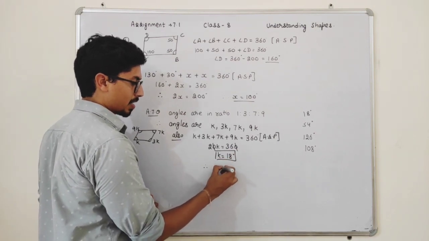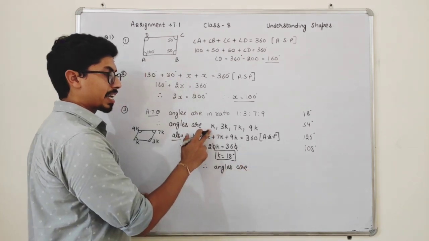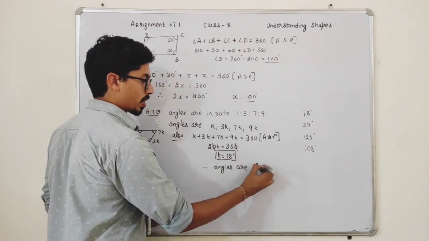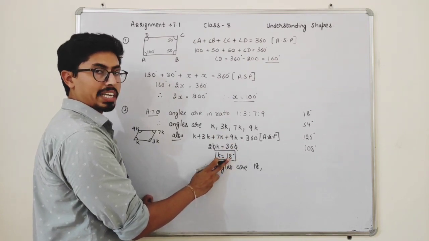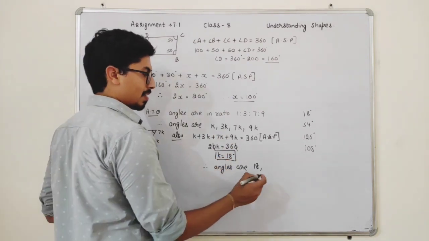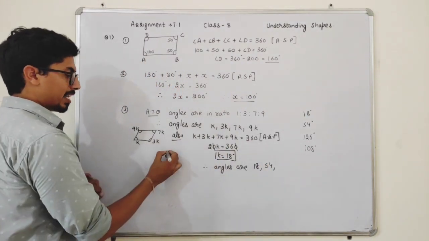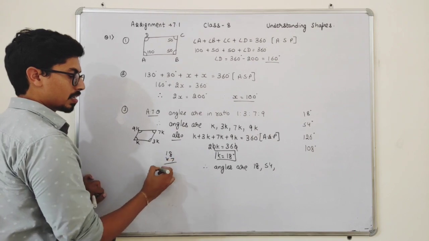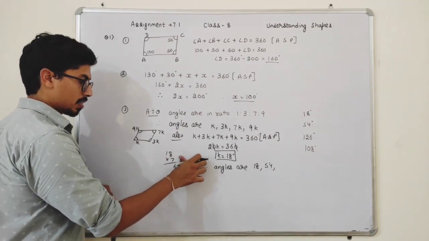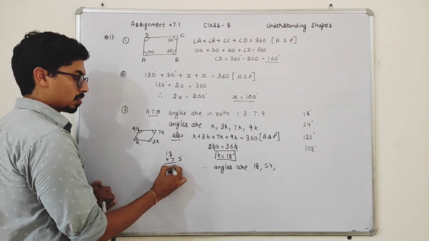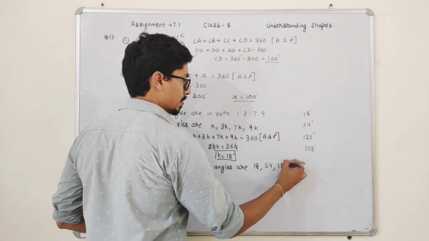Therefore, the angles are: k value is 18. The next angle is 3k, so multiply 18 by 3. 18 times 3 will be 54. Now 7k, that means 18 into 7. 8 sevens are 56, carry 5, 5 sevens are 35 and 5 is 126. The answer will be 126.